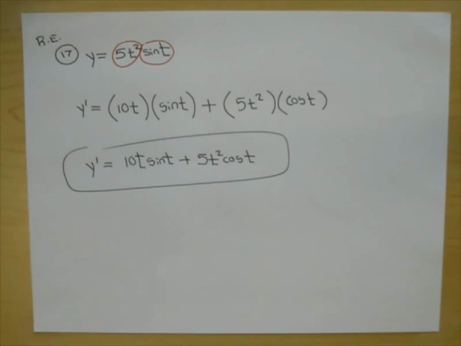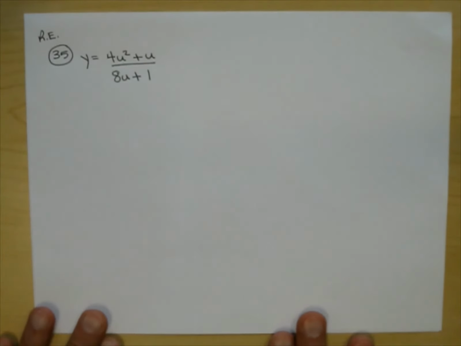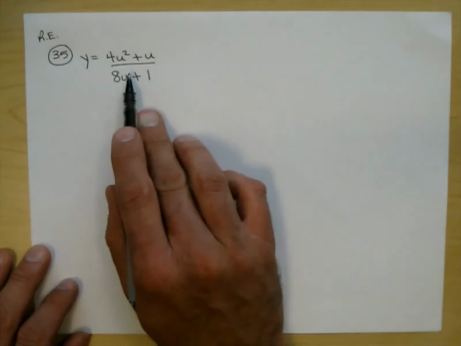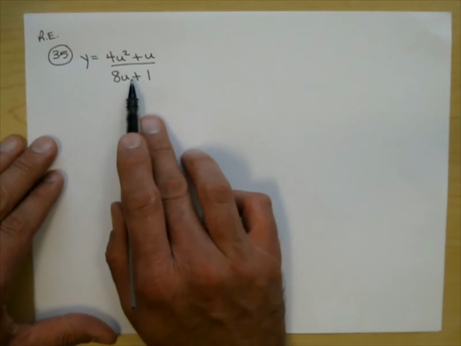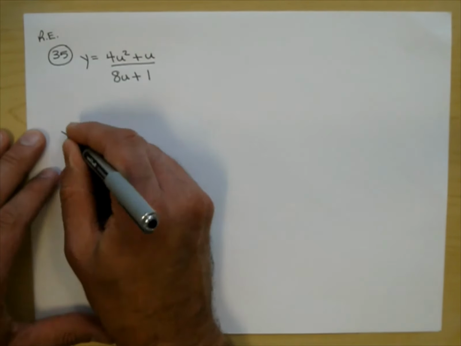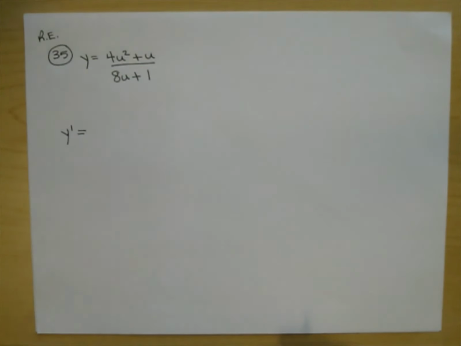Let's continue doing problems from the review exercises. Take the derivative. Okay, so I'm going to be taking the derivative of this. Looks like what I have here is a quotient. So when I have a quotient, I'm going to use the quotient rule.